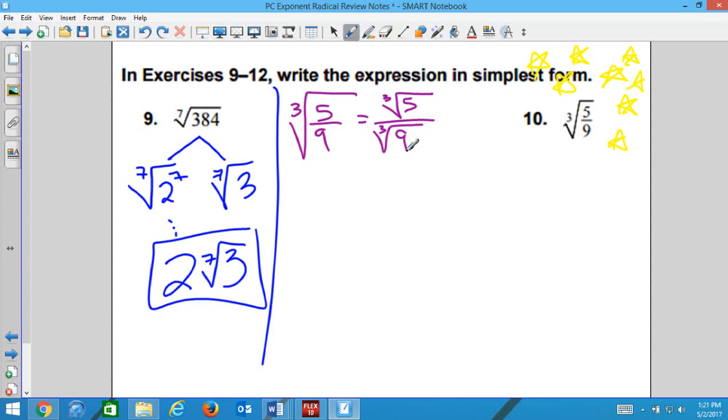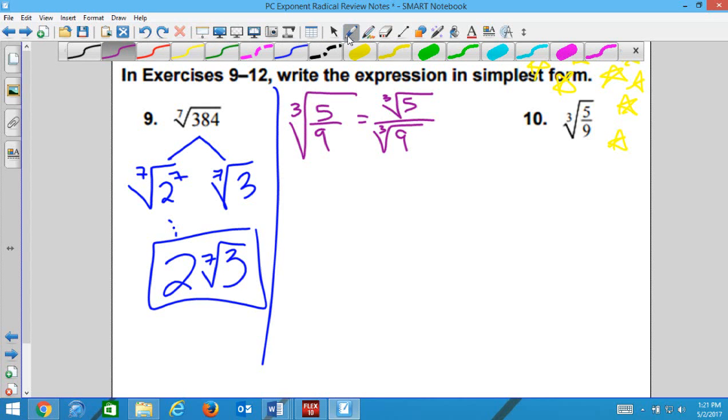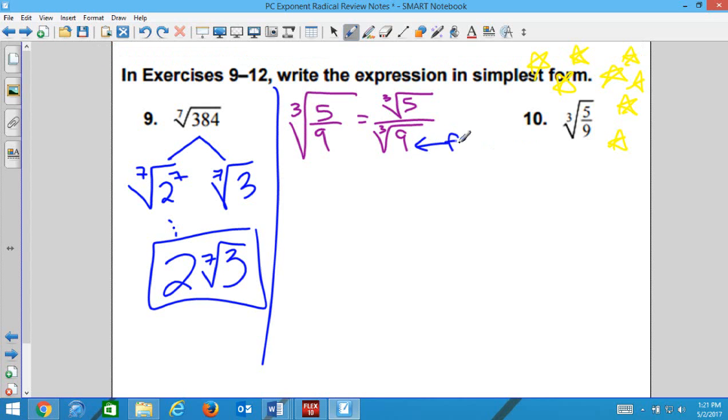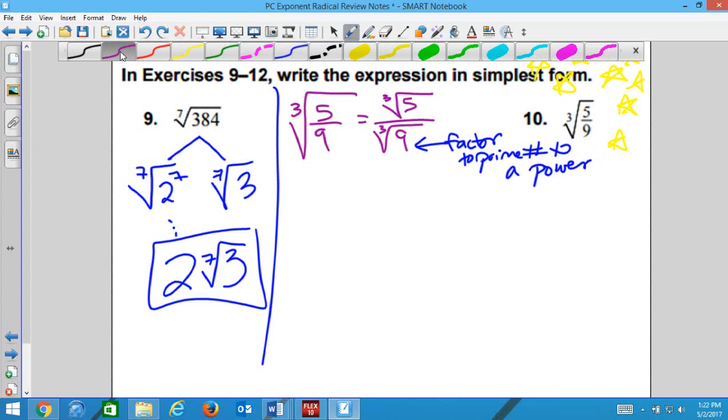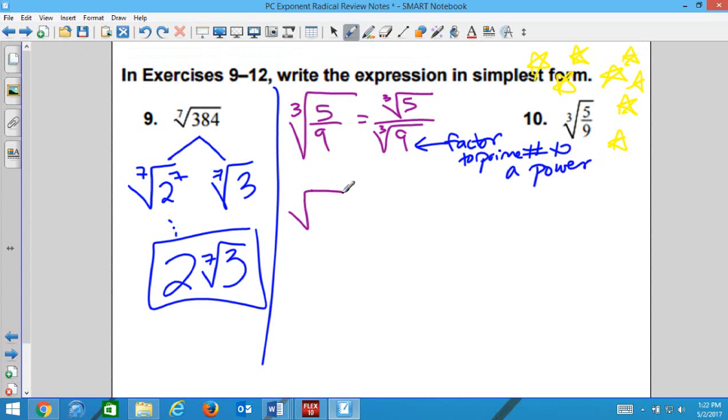In order to help me figure that out, I'm going to factor 9 to a prime number with power. What is 9 factored? 3 squared.